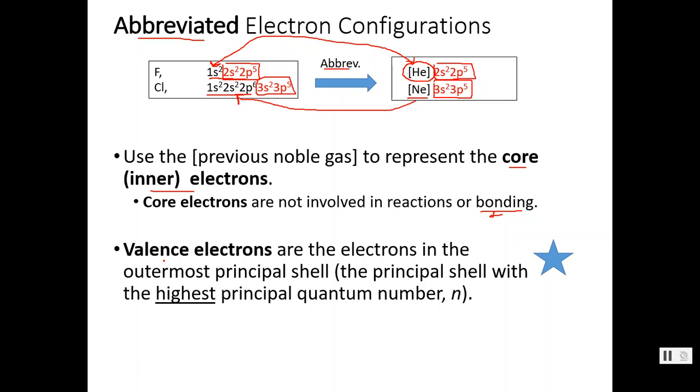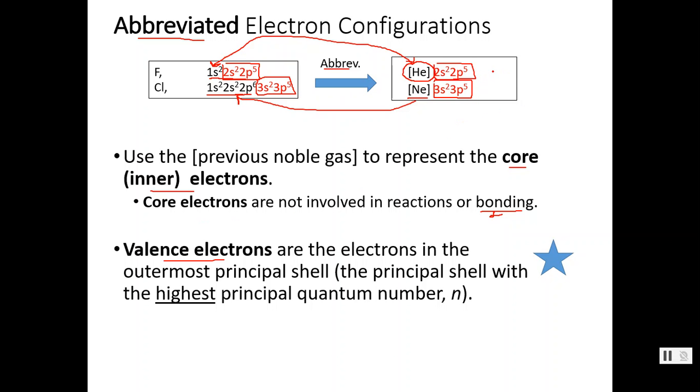Those are called valence electrons, and they have the highest principal quantum number, n. Valence electrons are written explicitly in both the abbreviated and full electron configurations.